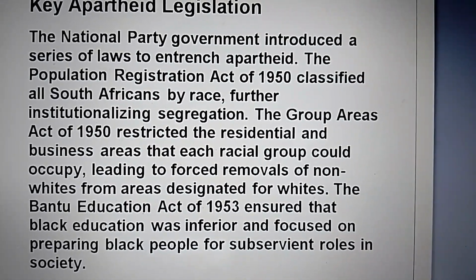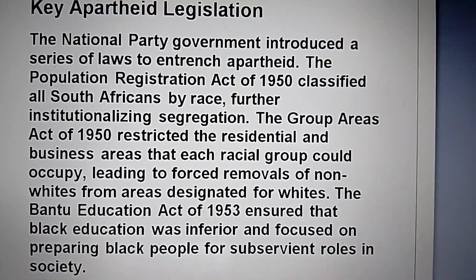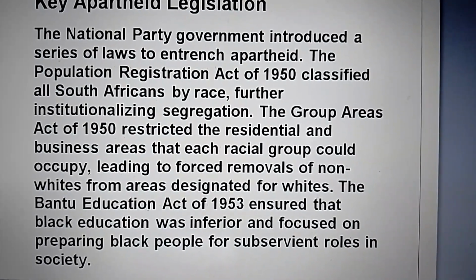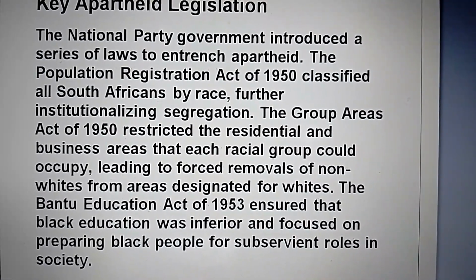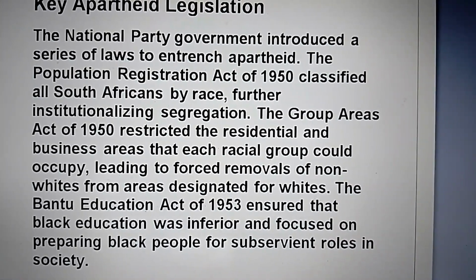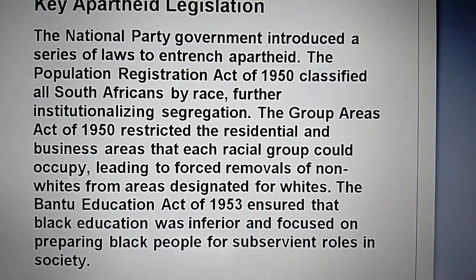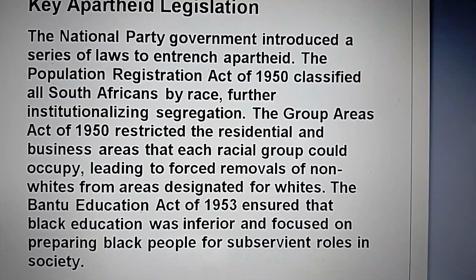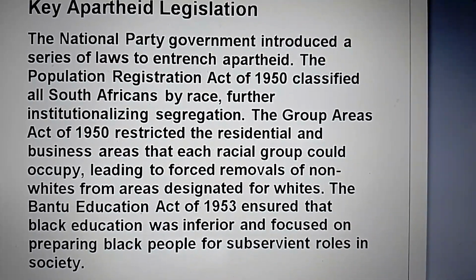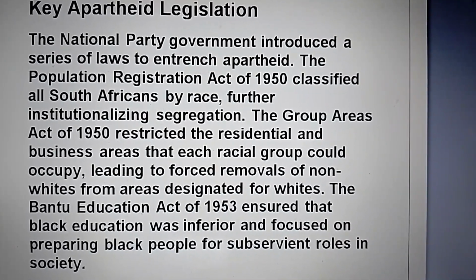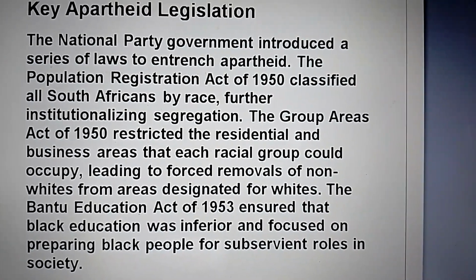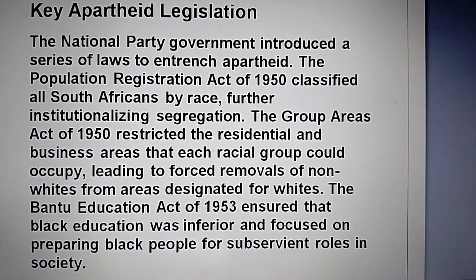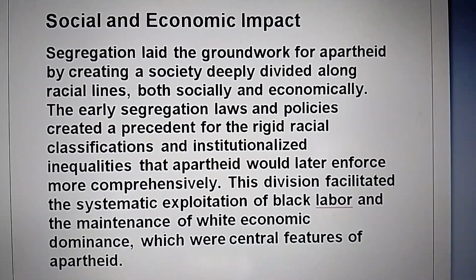The Group Areas Act of 1950 restricted the residential and business areas that each racial group could occupy, leading to forced removals of non-whites from areas designated for whites. The Bantu Education Act of 1953 ensured that black education was inferior and focused on preparing black people for subservient roles in society.